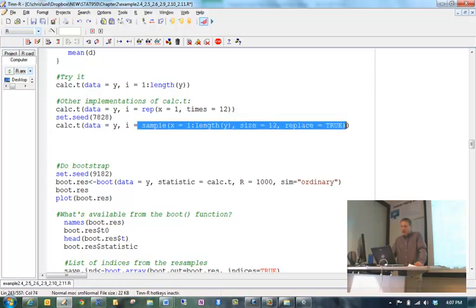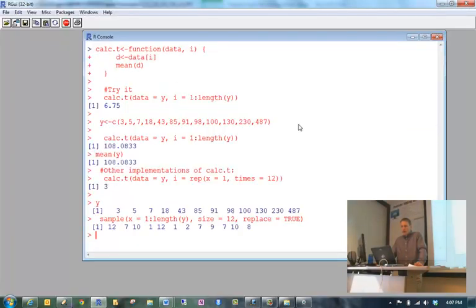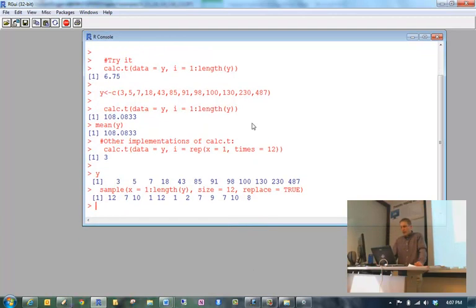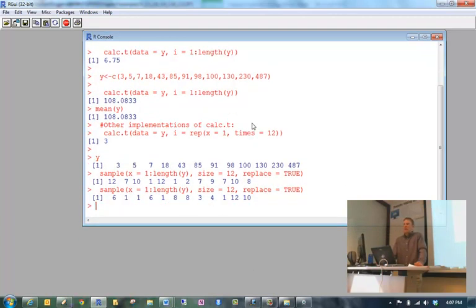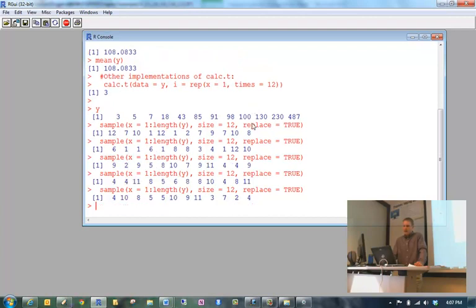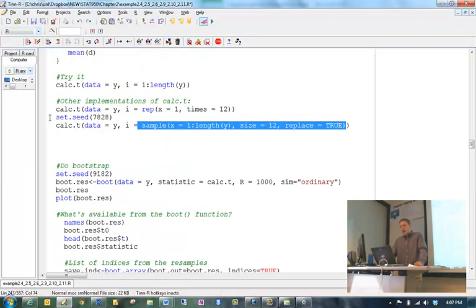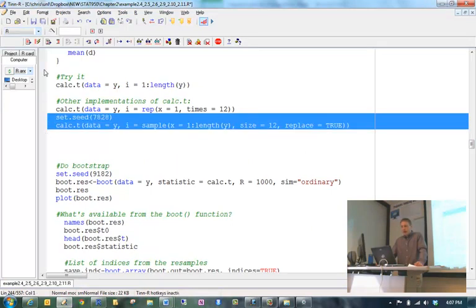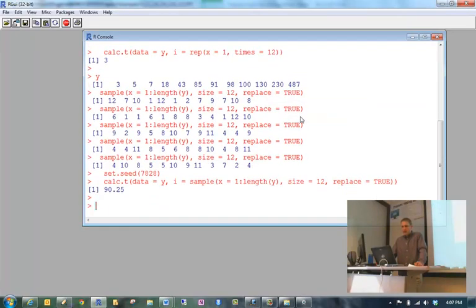If I were to use this function once, all by itself, you can see there is my resample, in terms of the indices for the resample. If I do it again, I get different values. In order to reproduce the example in the notes, I set my seed there, and now I get 90.25 as the mean. So you can say that this is a t star. Is everyone clear on what calc.t does?